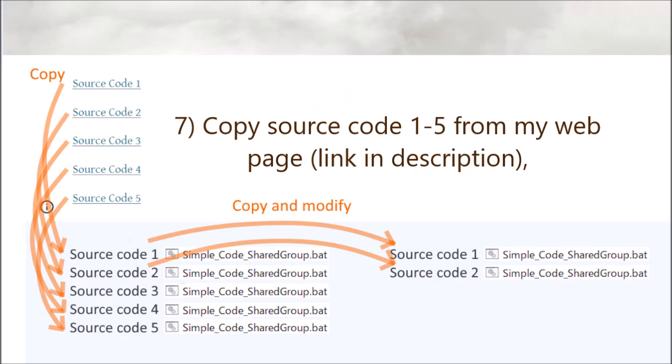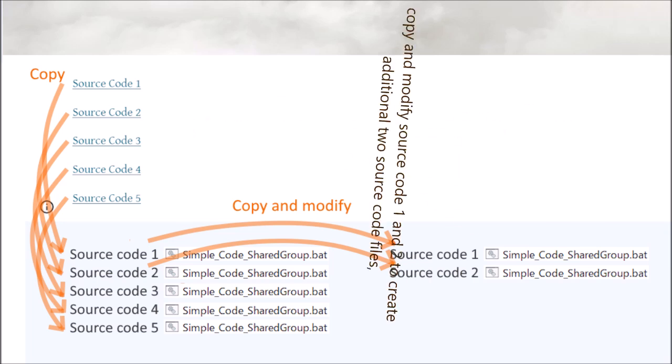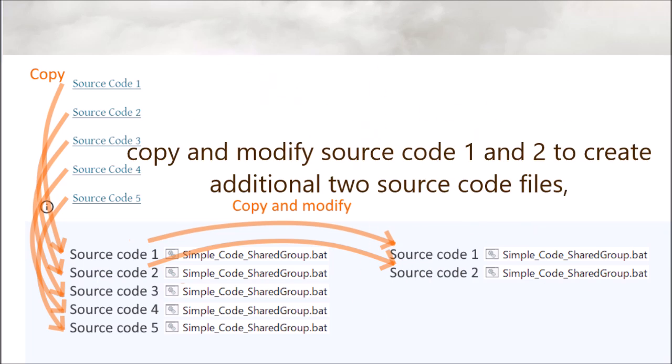7. Copy source code 1 to 5 from my web page, link in description. Copy and modify source code 1 and 2 to create additional 2 source code files.